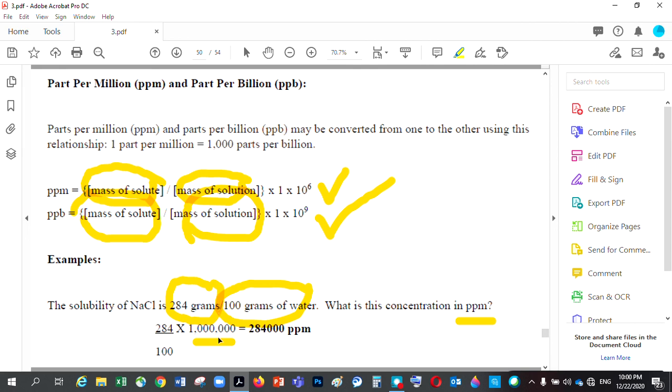And if you cancel the 2 zeros out, you'll end up having 284,000 parts per million. So just mass of the solute divided by mass of the solution multiplied by 10 power 6 will give you part per million. Multiplied by 10 power 9 will give you part per billion.